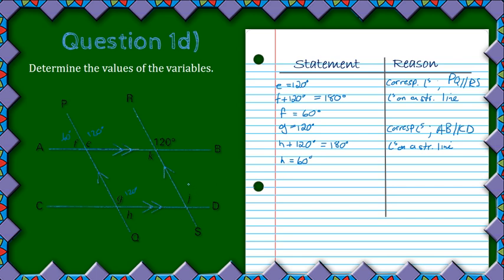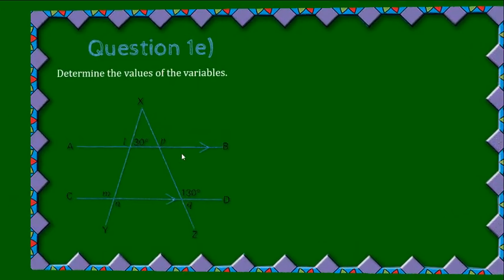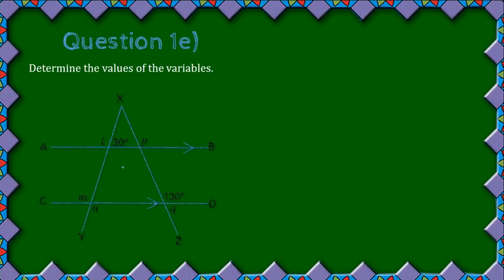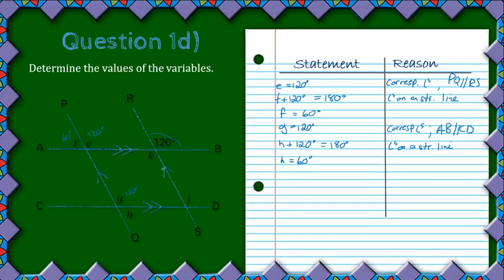Alright, and then we have J. Now the relationship, let's use this relationship where this angle and this angle are corresponding angles, so J is equal to 120 degrees.